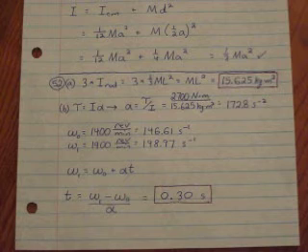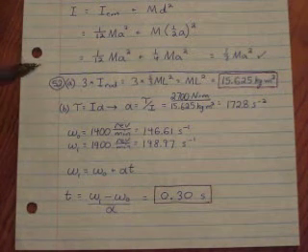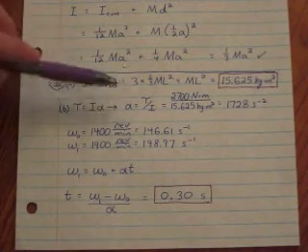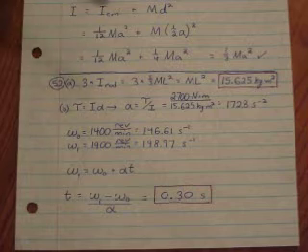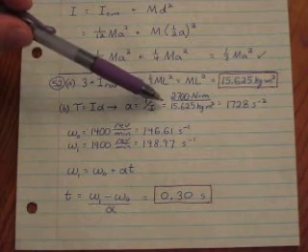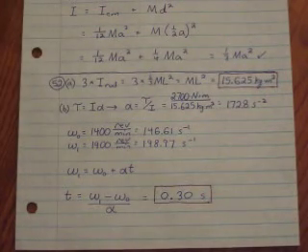For B, one thing we need is the alpha, the angular acceleration. Starting from torque equals I alpha, we get alpha equals torque over I. We're given the torque, we already in part A figured out I, so you should get 172.8 radians per second squared.